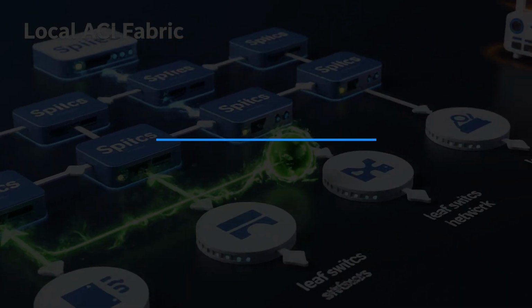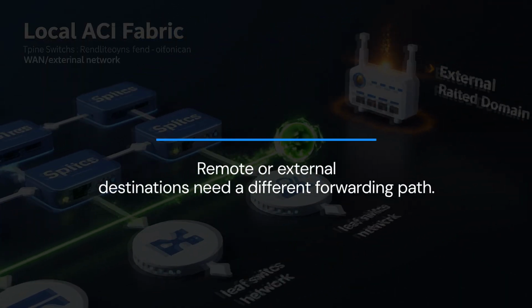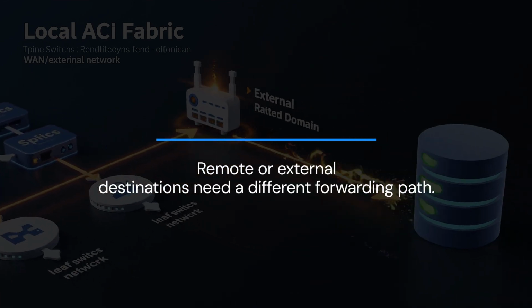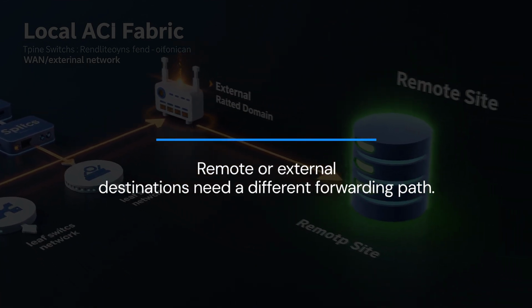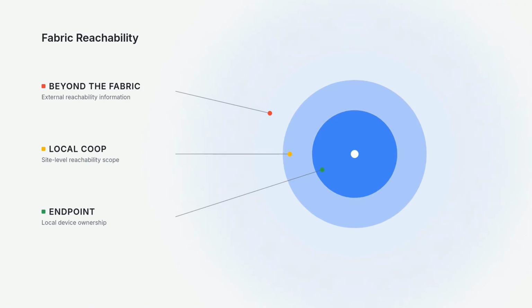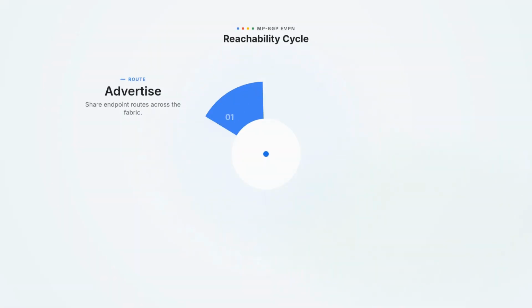Now change the scenario. The destination is not just somewhere else in the local fabric, it is behind an external routed domain or in a remote site. In that situation, the fabric needs more than local endpoint ownership. It needs reachability information for something beyond the local COOP scope. That is where MP-BGP EVPN comes in.